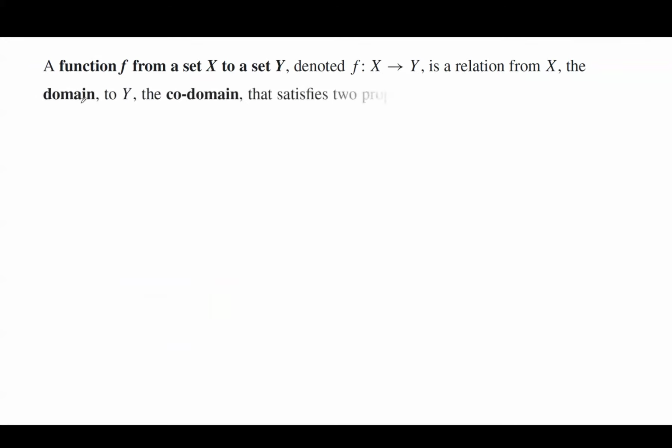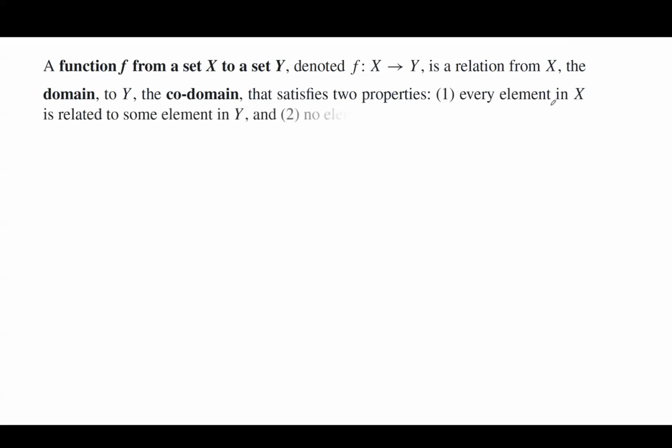So let us move on to the official definition and talk about pre-image. A function like f from a set like X to a set like Y, which is denoted by f that maps X to Y, is indeed a relation from X that we call the domain to the second set that we call the codomain that satisfies two properties. First of all, every element in the domain is related to some element in the codomain.